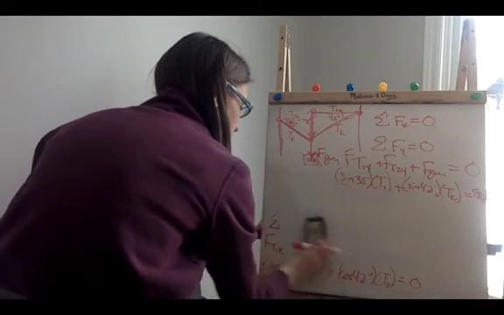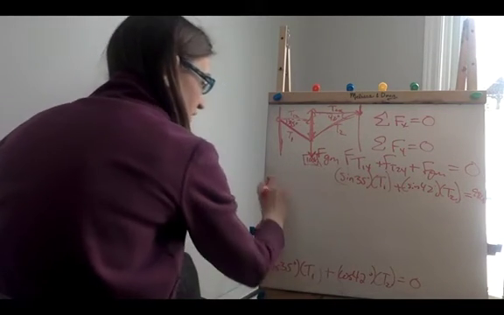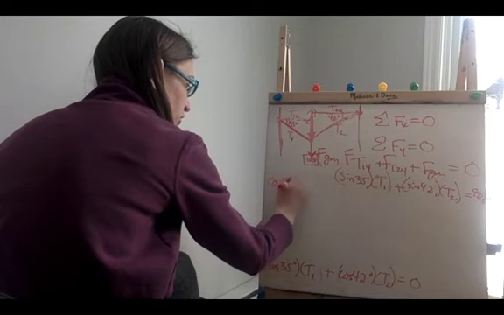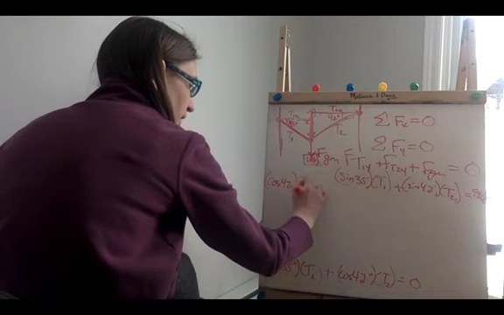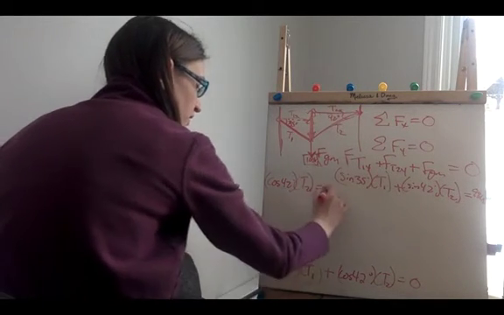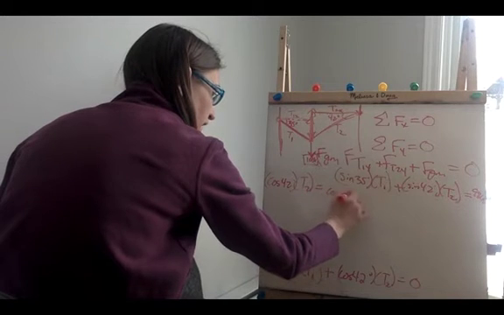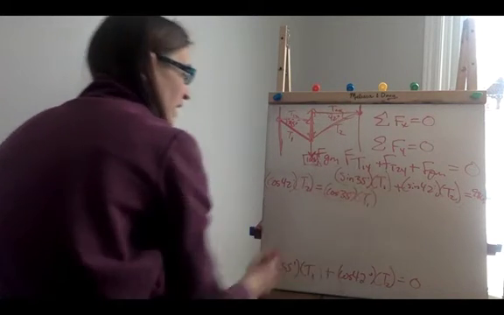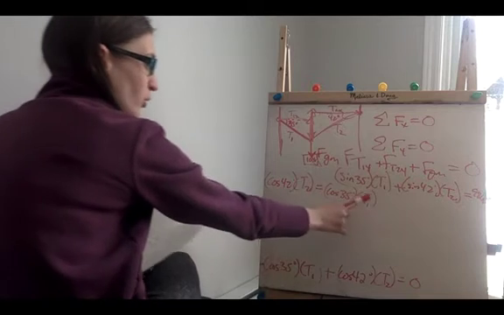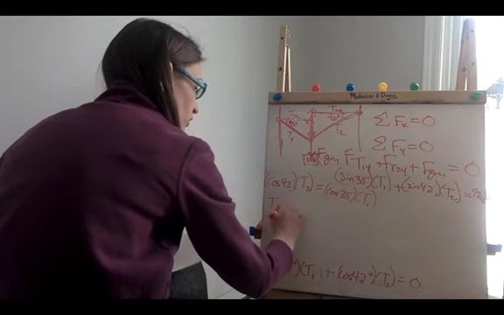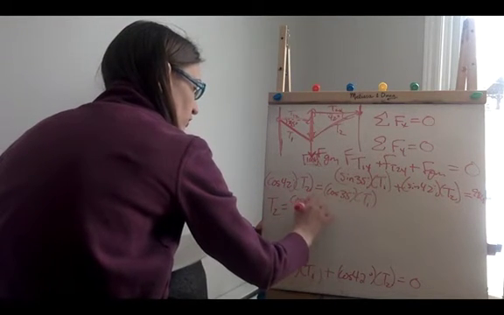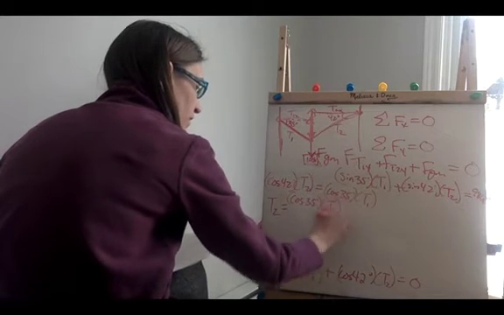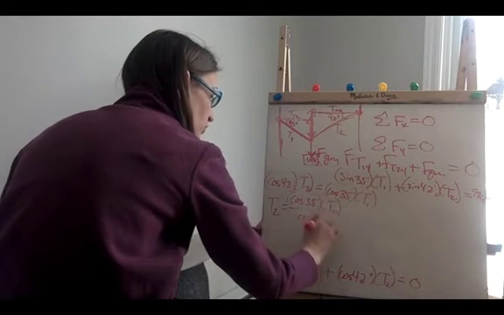So then what we get is that cos of 42 degrees multiplied by T2 is equal to the positive cos of 35 degrees times T1, and then to get T2 by itself, we divide both sides by cos of 42. So T2 now is equal to cos of 35 multiplied by T1, all divided by cos of 42.